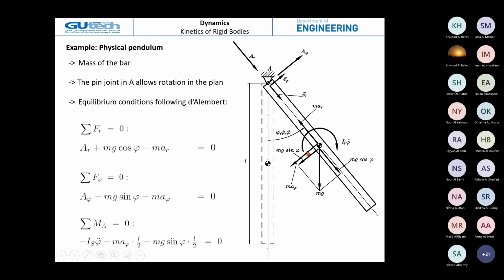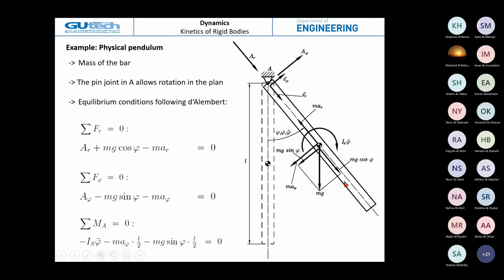The inertial forces: if we use now the polar coordinate system, represented by the unit vectors e_r and e_phi, we have the motion along the phi direction, the circumferential one, and we have also the motion along the radial direction.